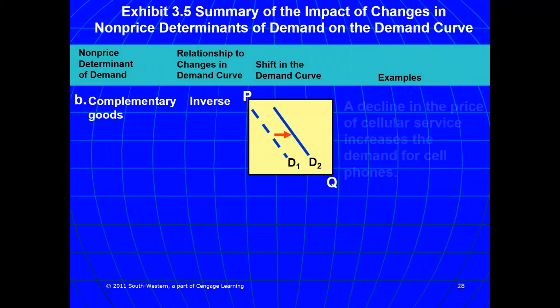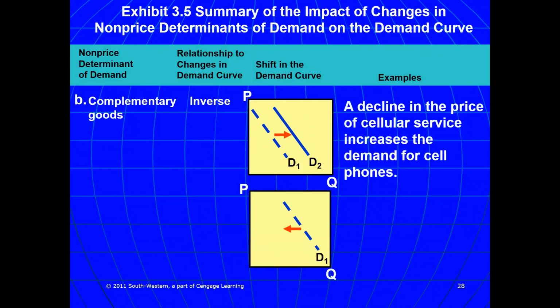Complementary goods are things that we might use together, but these are things in which there's an inverse relationship between the price of one product, good A, and the demand for good B. So think of peanut butter and jelly, for example.